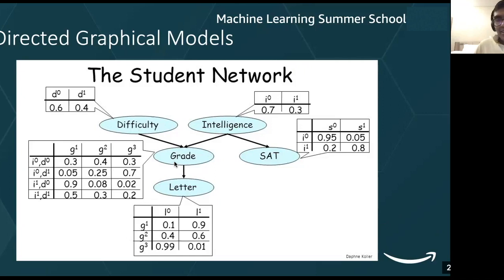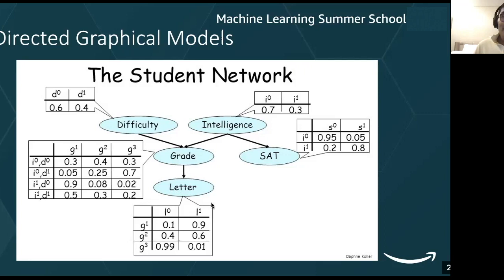Grade essentially has 3 levels: 1, 2, and 3, with 1 indicating a good grade, 2 indicating a medium grade, and 3 indicating a poor grade. Grade here essentially depends on the difficulty of the exam and also how intelligent the student was. Then there is letter, which depends on grade.